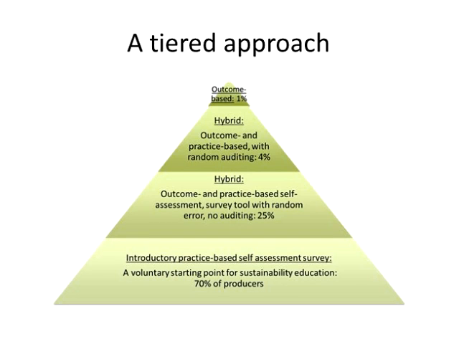And there are a lot of commodities and regions that are going down that road where the self-assessment survey may be as short as 20 questions, just to get it out there as a primer on sustainability, and maybe 70% of the producers could be reasonably expected within a certain commodity to be involved in that base approach. The next level up would be a hybrid approach, outcome and practice-based self-assessment. The survey tool would have random error around it, but there would be no auditing.